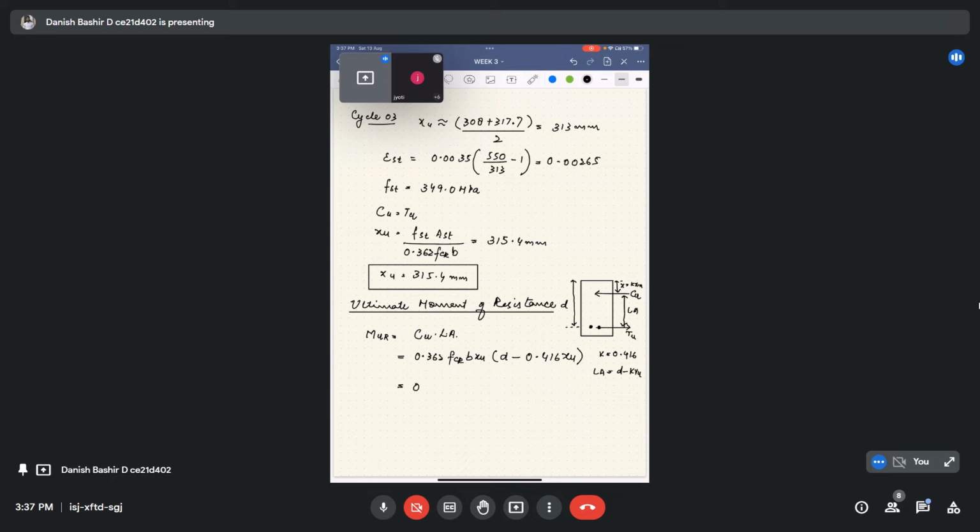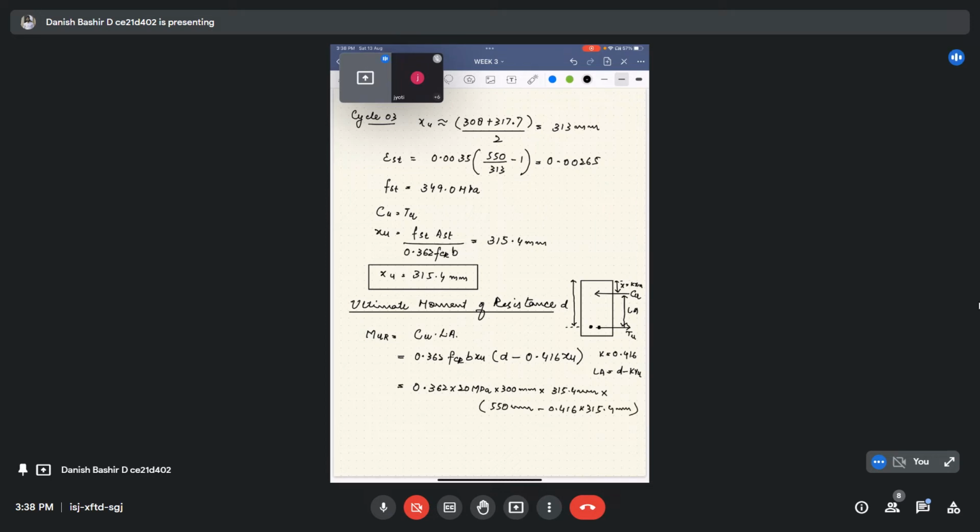Plugging in the values that we have, 0.362, our FCK is 20 megapascal. We have B as 300 mm. We have XU, this XU we have to use, 315.4 mm, multiplied by D, the effective depth, is 550 mm minus 0.416 into 315.4 mm.